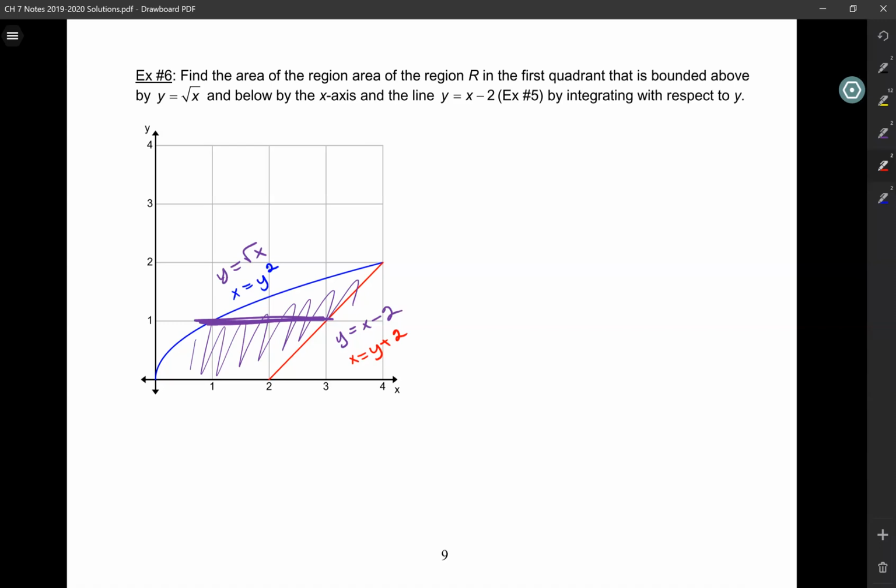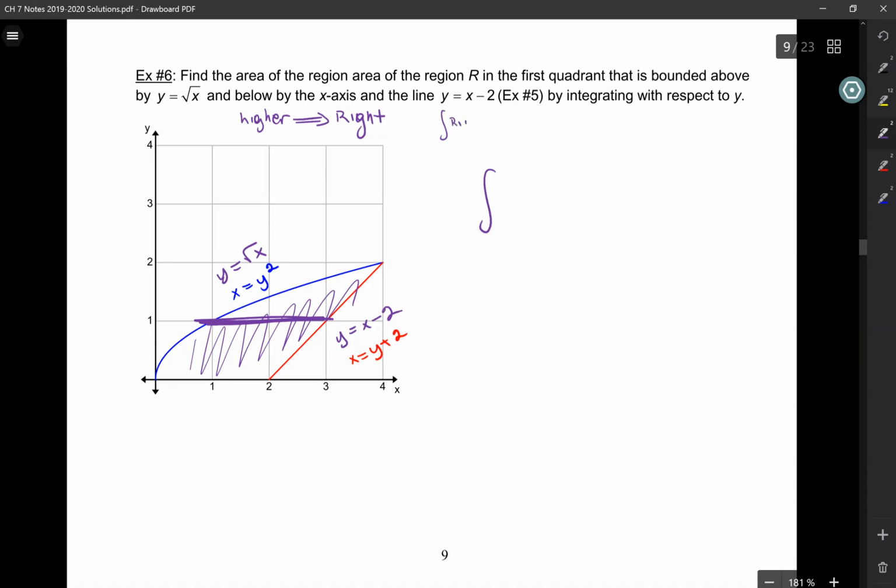Now I'm going to integrate this with one thought. If the higher function was the one on top before, now the higher function is the one to the right. So now I need to integrate right minus left. The function to the right is y plus 2 minus the function to the left, y squared.